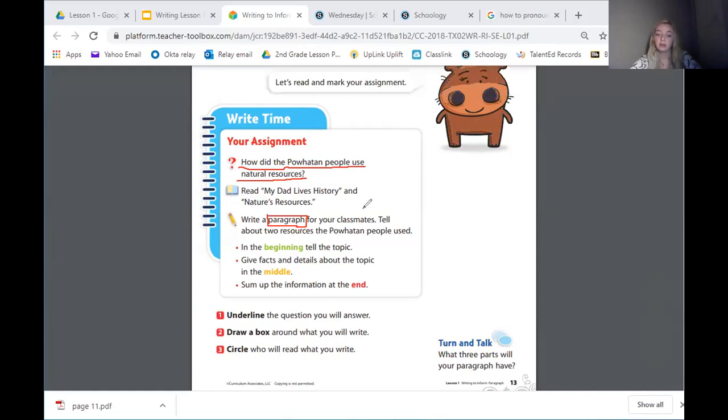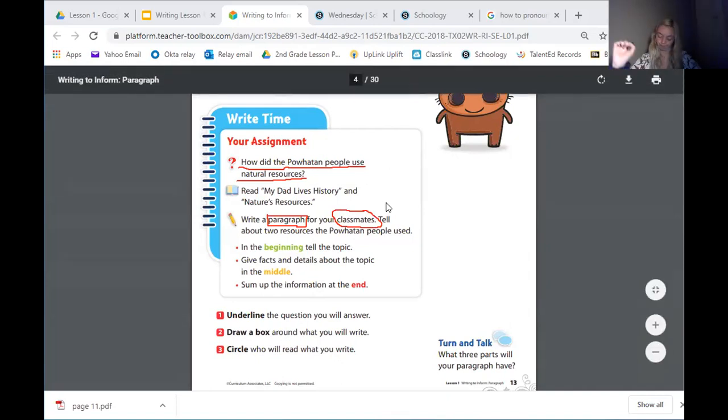I think that it's our classmates. Our classmates are the people who will read what we write. And also your teachers, but it doesn't say that in there.